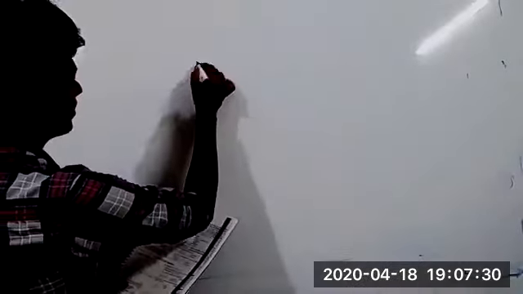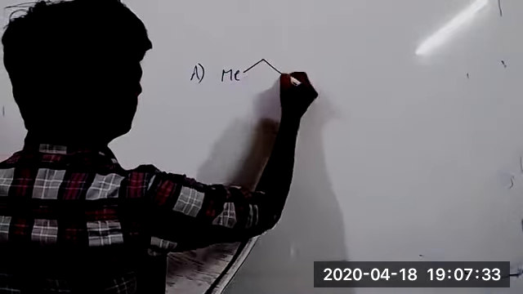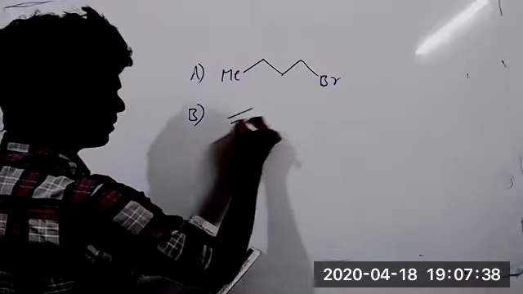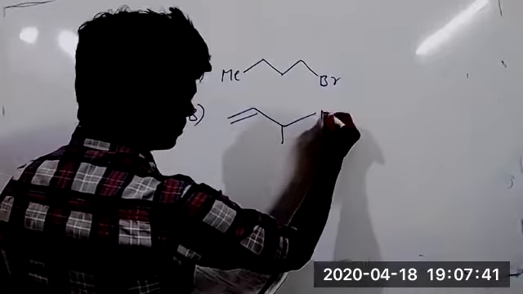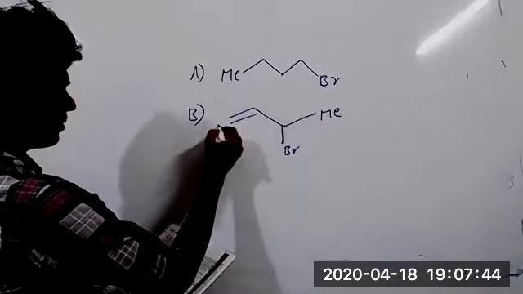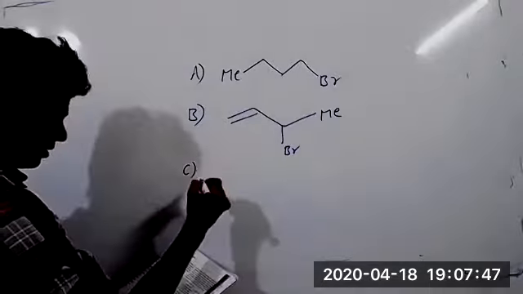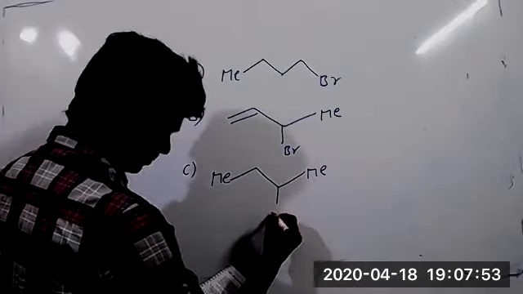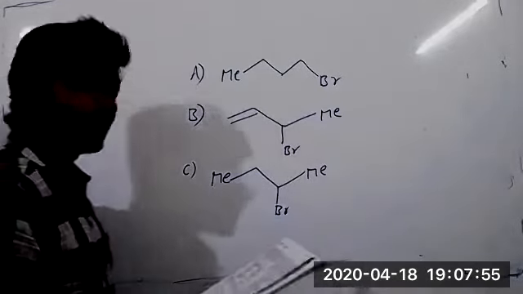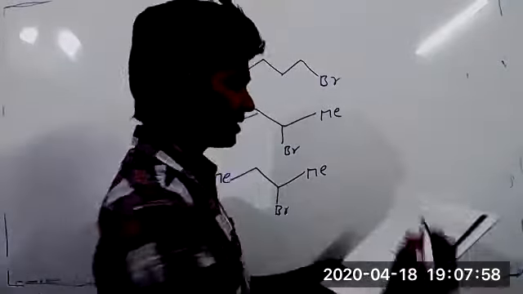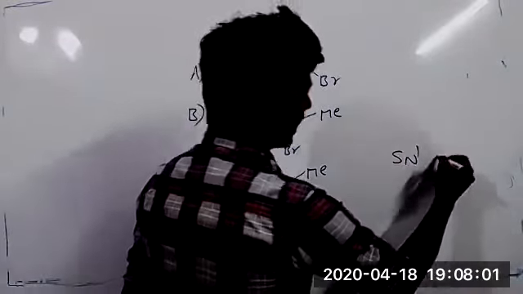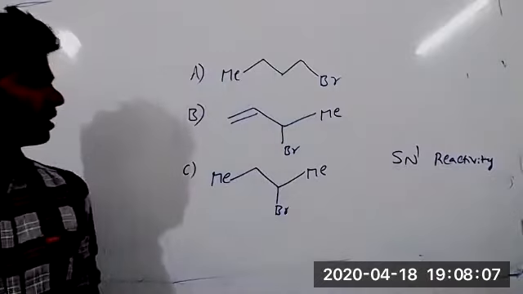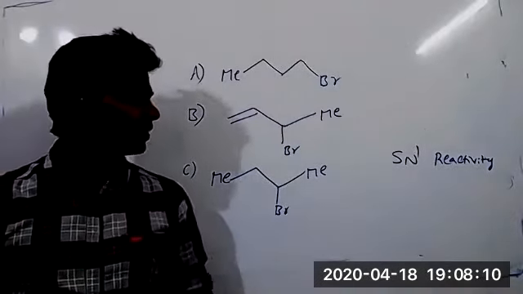Option A is, option B is, you already know here CH2 is there. Option C. The correct decreasing order of SN1 reactivity is?